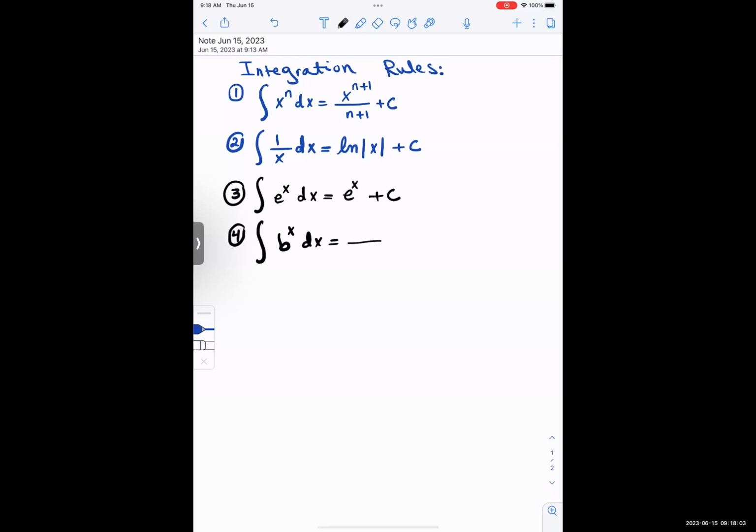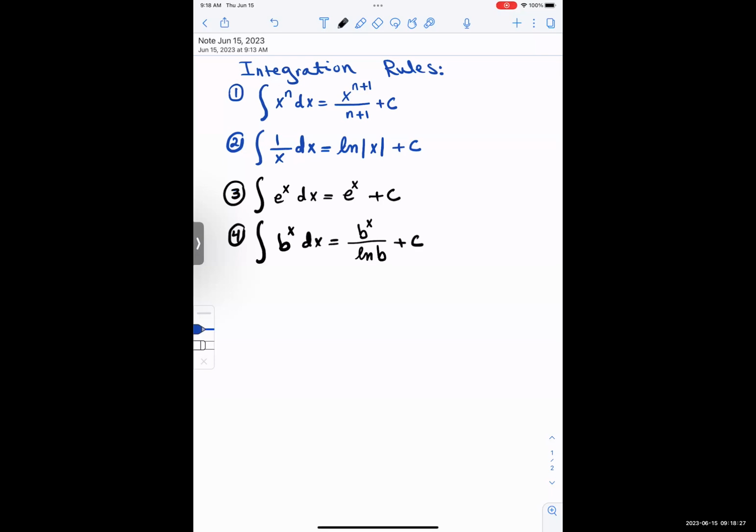Does anyone know? One way to memorize it: e to x is the same thing as e to x over ln e, and ln e is 1. So b to x integrates to b to power x over ln b plus c.